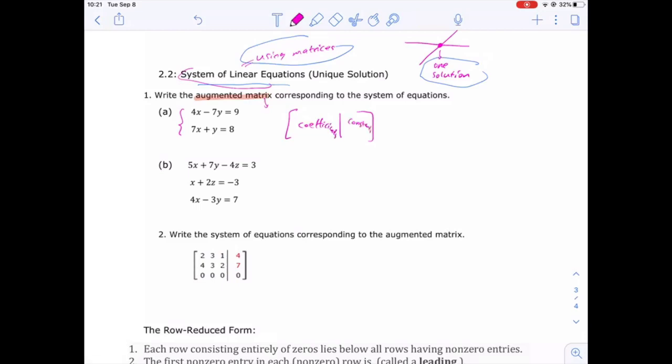What are the coefficients? The coefficients are the numbers before variables. For example, 4 is the coefficient of x, -7 is the coefficient of y. In the second equation, 7 is the coefficient of x, and 1 is the coefficient of y. So let's write them here. We have coefficients of x, coefficients of y, and we have constants.